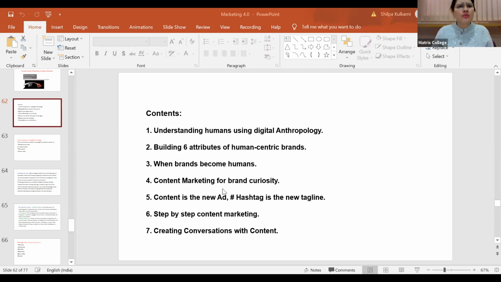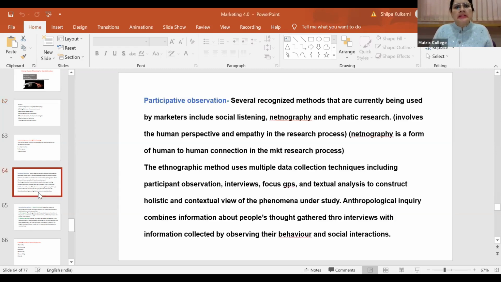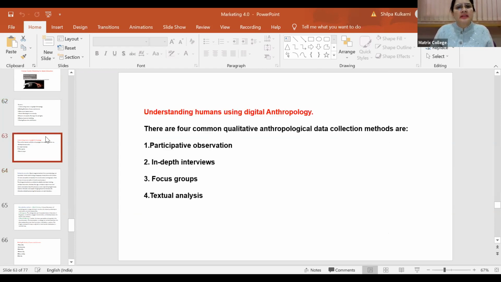Then we studied four qualitative anthropological methods, right? And what are they? Participative observation, in-depth interviews, focus groups, and textual analysis.